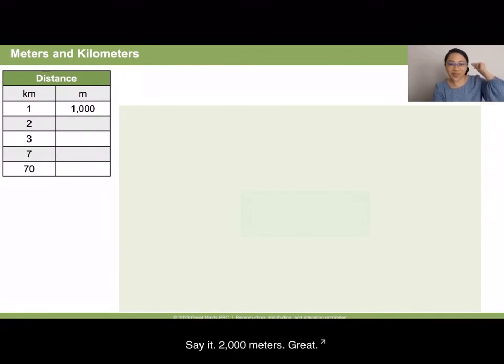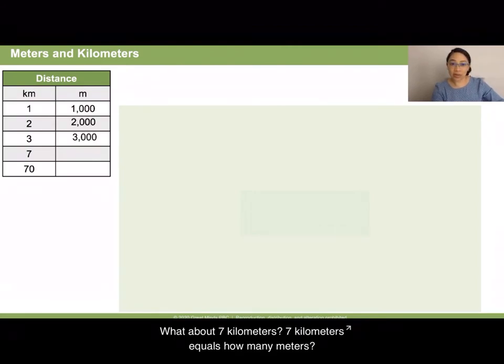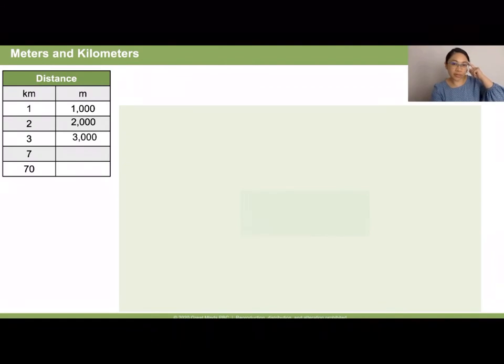Say it. 2,000 meters. Great. Let's look at the next one. 3 kilometers equals how many meters? Say it. 3,000 meters. What about 7 kilometers? 7 kilometers equals how many meters? 7,000 meters.